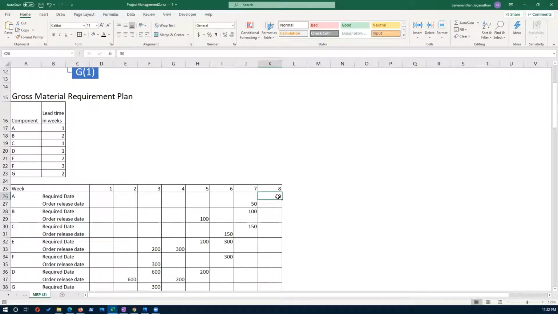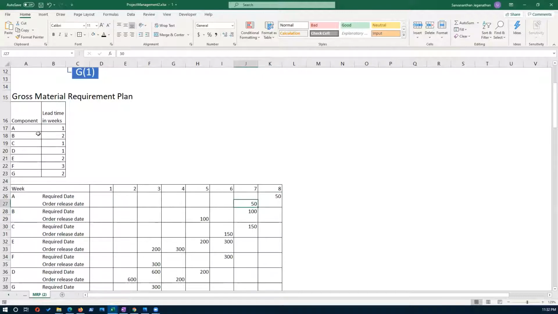Let's say we need 50 units of A on week 8. A has a lead time, so it takes around 1 week to assemble A from the components B and C. So we have a 1 week lead time. In that case, if A is required by week 8, we have to order it by week 7.